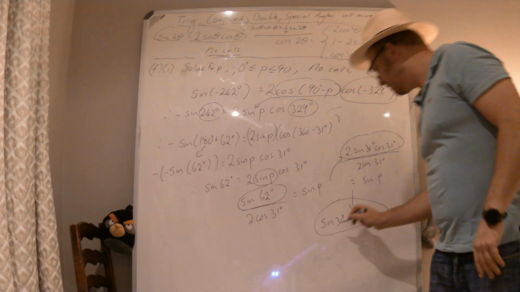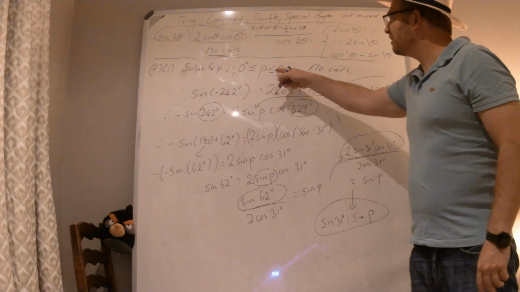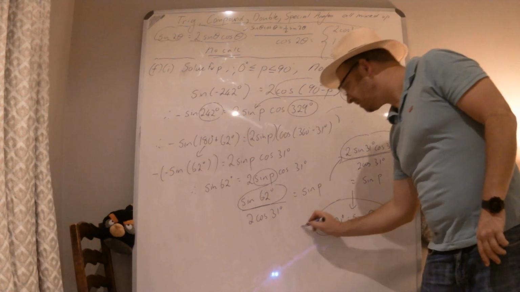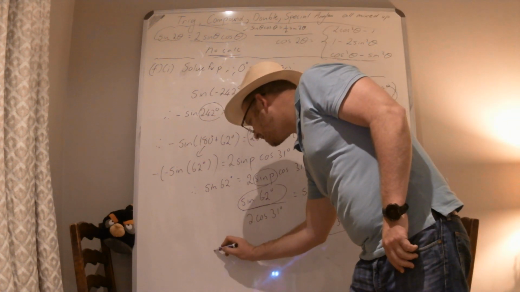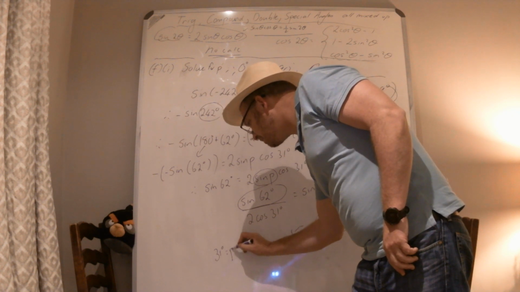Normally, they only want the answer between 0 and 90 degrees. So normally, if you've got sine of an angle equal to sine of another angle, you'd say 31 is equal to p.